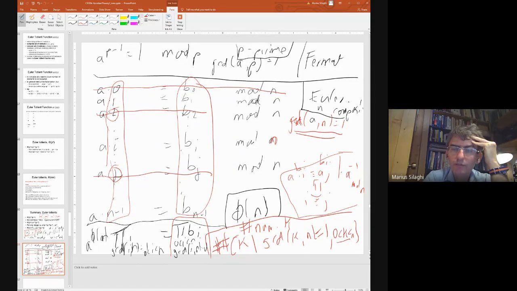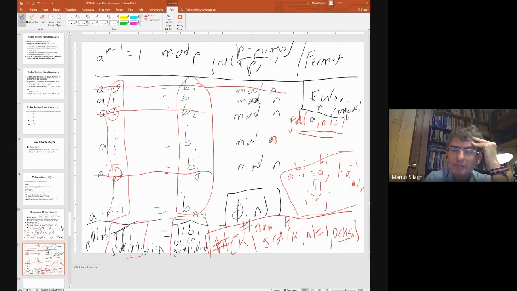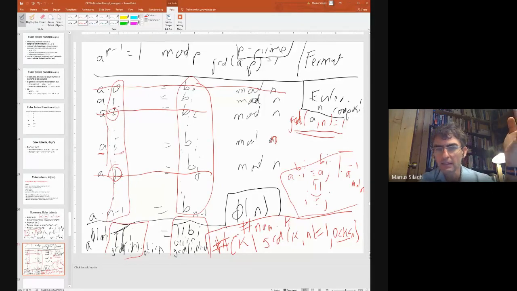The product of all these bi's for the rows that are relatively prime to n is the same again as the product of i's, because these are the same numbers permuted, since they are all distinct. They also have to be all relatively prime to n, because when you multiply an a that is relatively prime to n with an I that is relatively prime to n, you get a b that is relatively prime to n, right?